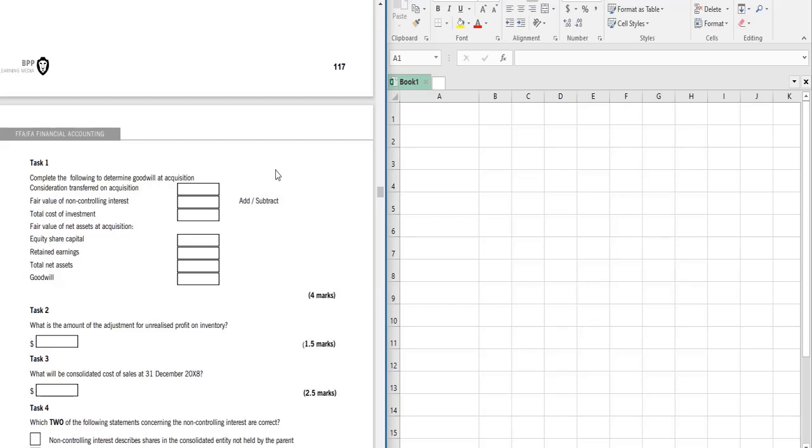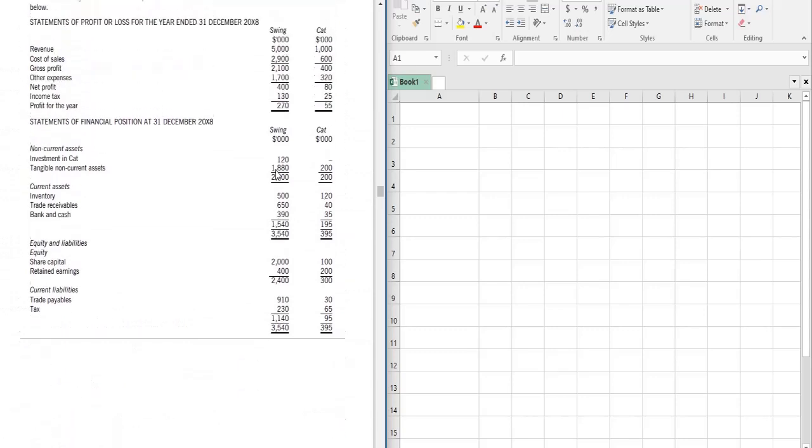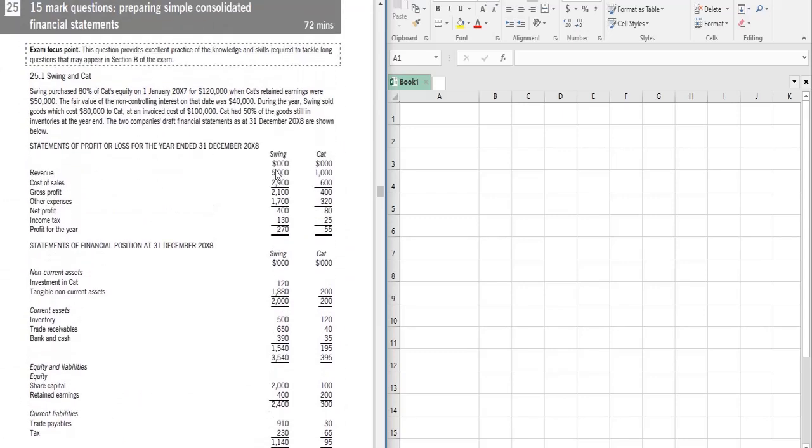As I have told in the earlier video as well, while doing the consolidated statement, whether in F3 or F7, you need to do the workings, which is very important. It will make your work easier. You just have to understand the five workings very carefully.